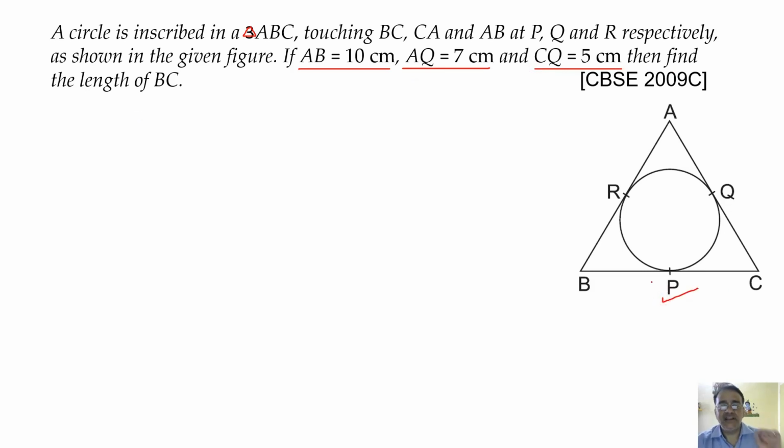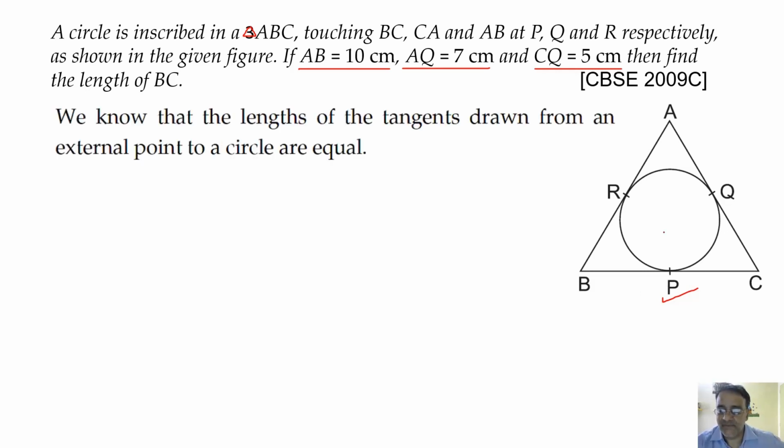Okay. So we know that the length of the tangents drawn from an external point to a circle are equal. So AR is equal to AQ, right? So this will be 7 centimeter. This is clear? Now CQ, how will you calculate BR then? AB is given 10 centimeter.